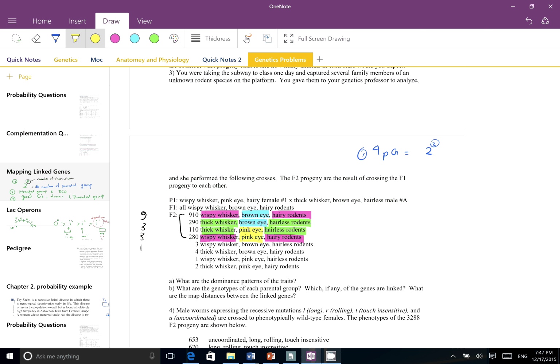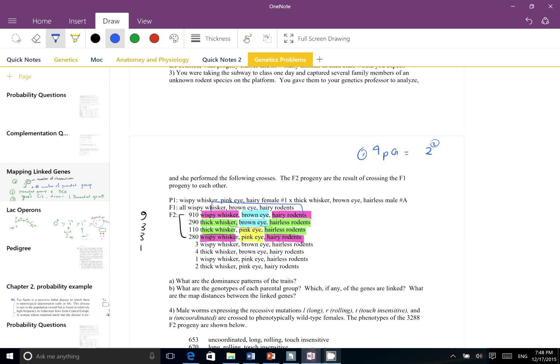When you notice that, you know that if these 2 always travel together, and these 2 always travel together, and brown and pink are the deal breakers, then brown and pink are on their own independent chromosome.